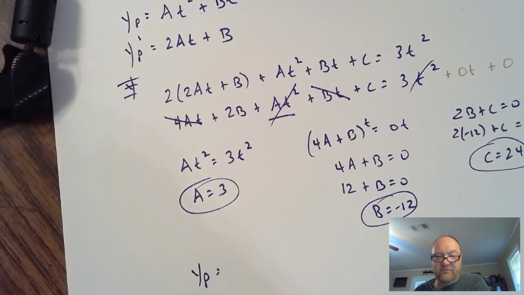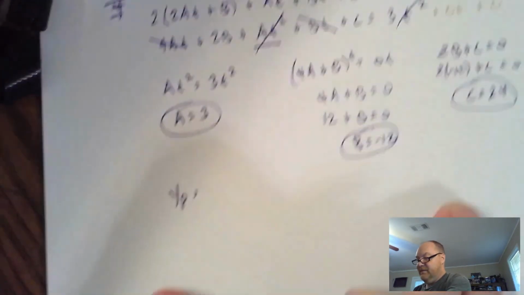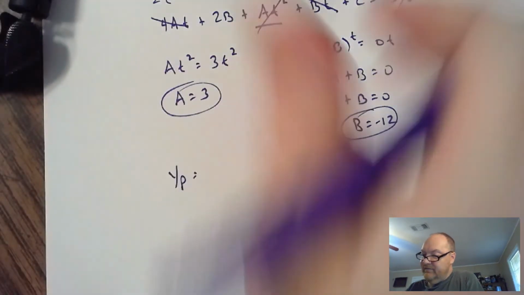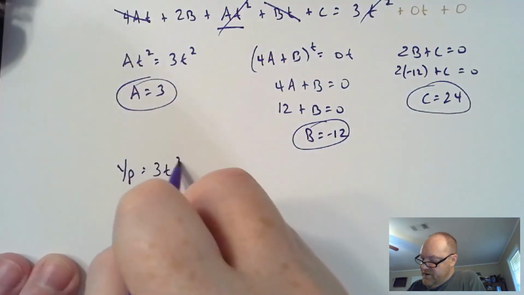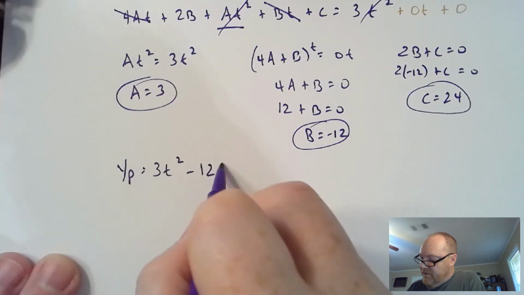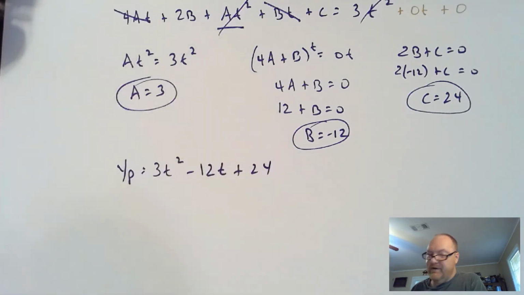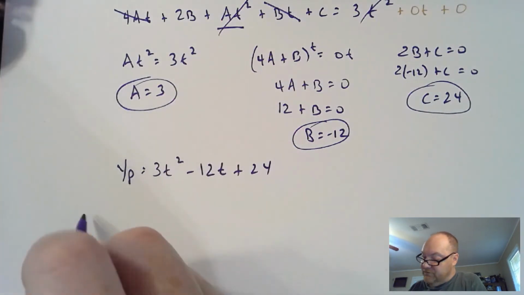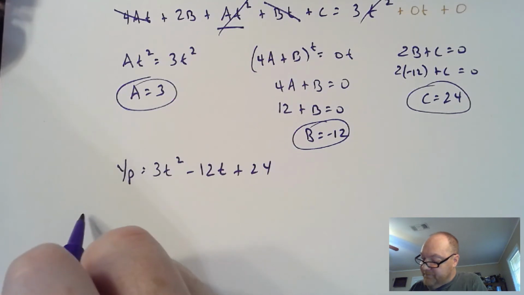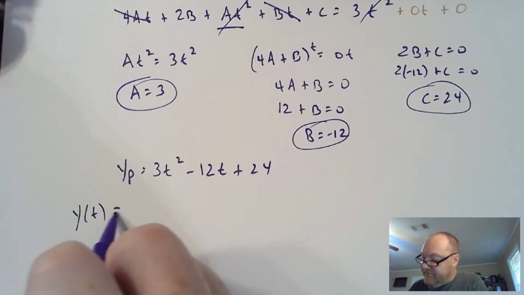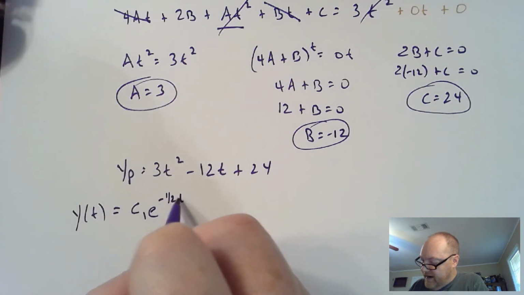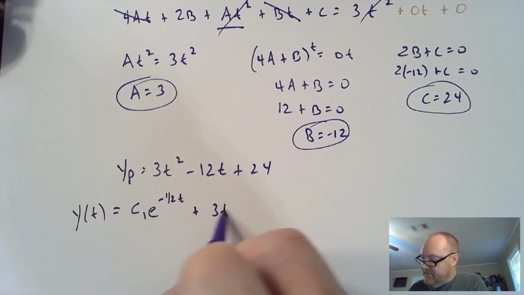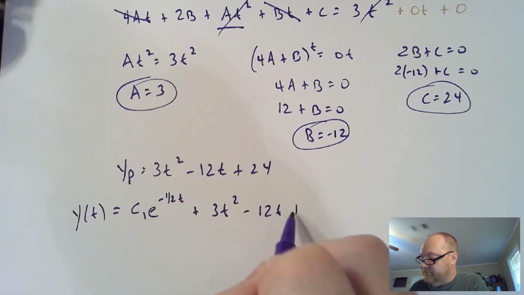So my particular solution then for that problem ends up being 3t squared minus 12t plus 24. So our solution set to this entire problem then, y as a function of t, is some constant e to the negative 1/2 t plus the particular solution.